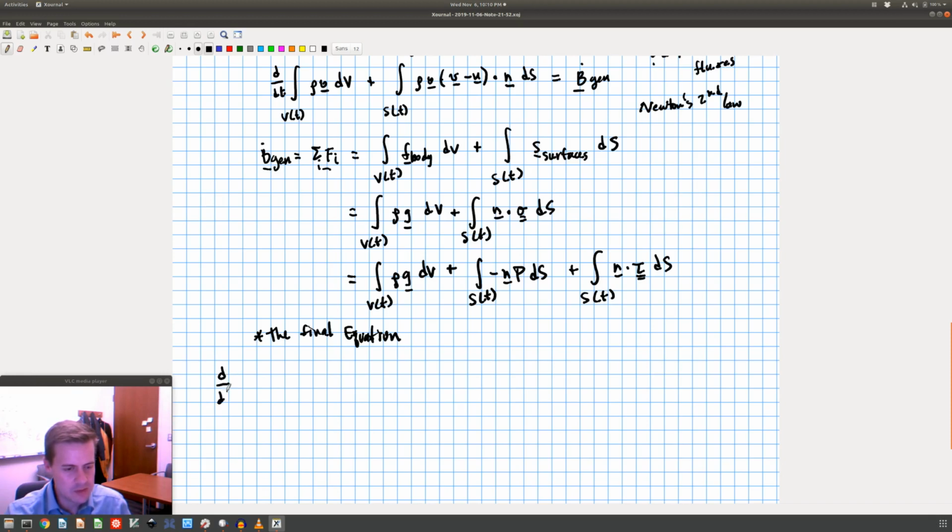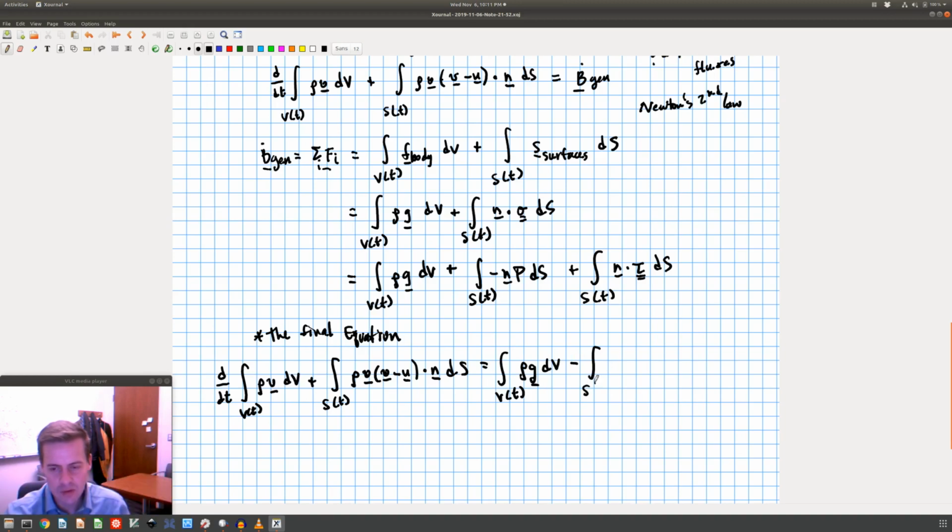I'm going to give myself a little extra space by going in the margin over here. d/dt of the volume integral of rho v dV plus the surface integral of rho v (v minus u) dot n dS is equal to the volume integral of rho g dV minus the integral over the surface of n p dS plus the surface integral of n dot tau dS. And that's the final one.